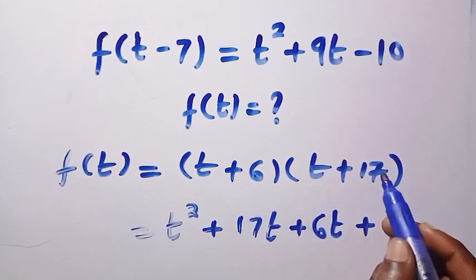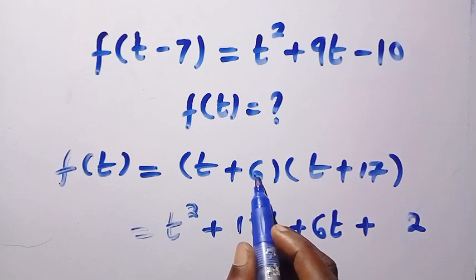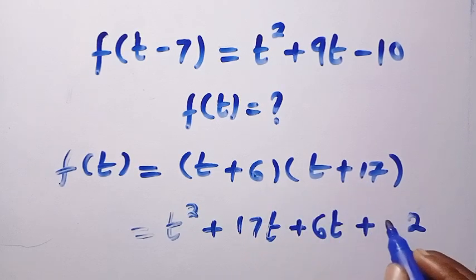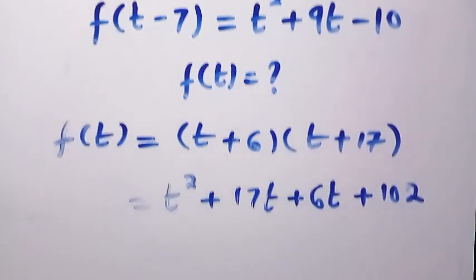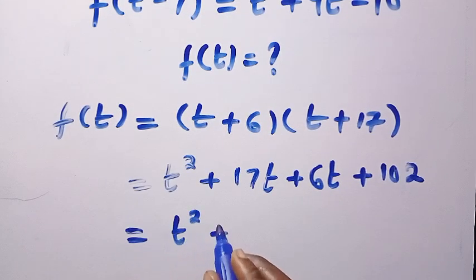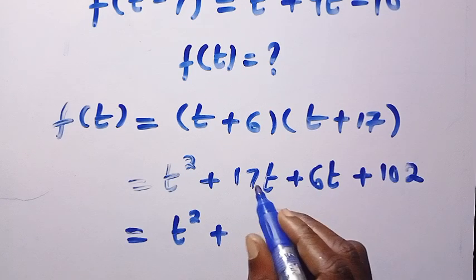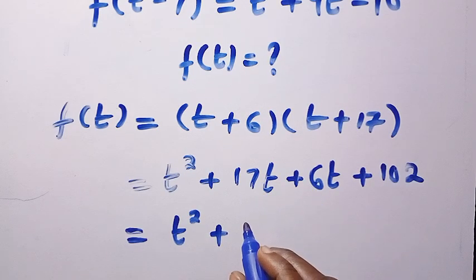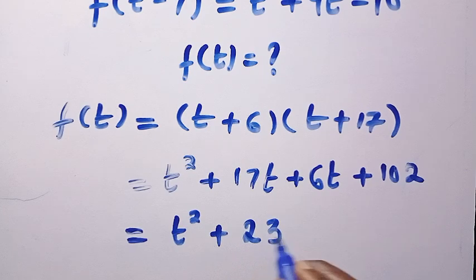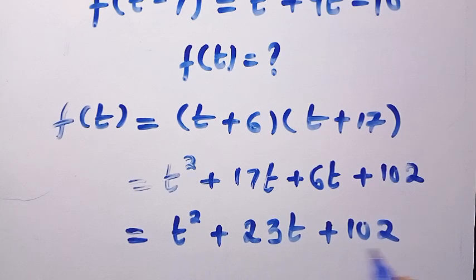So 6 times 7 is 42, we have 2 carry 4, and 6 times 1 is 6 plus 4. We have it as 102. Therefore, this equals t squared plus 17 plus 6, so if you add 17 and 6 together, we have 23t, then plus 102. Here is the final f of t.